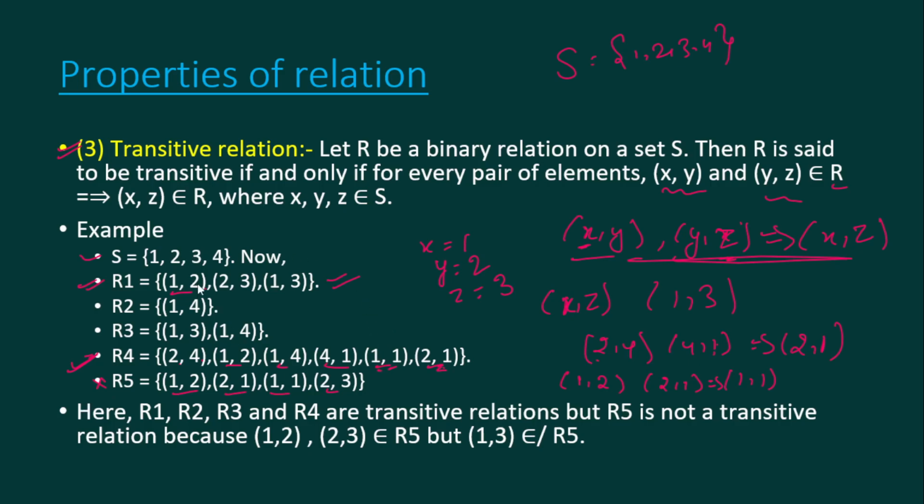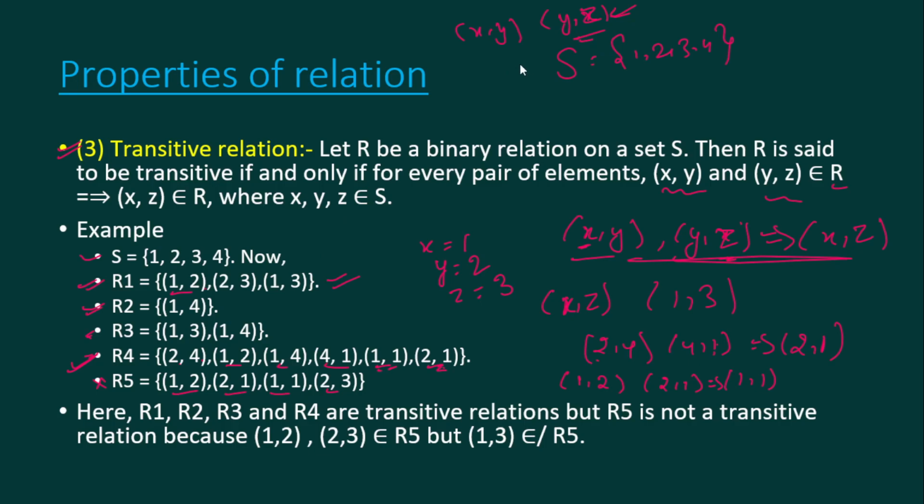Okay, now we talk about R2 and R3. We can see here x comma y is there, but there is no y comma x. And there is no y comma z, so we are not able to make our condition.